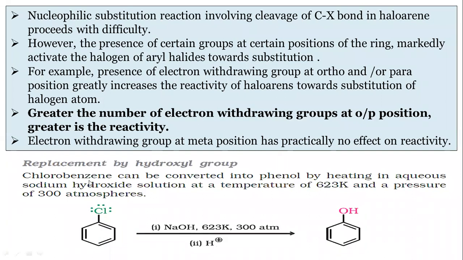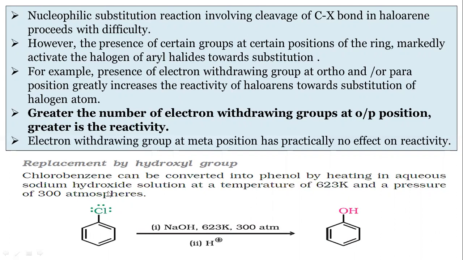See, directly I am coming to the examples of these nucleophilic substitution reactions. This is a chlorobenzene and NaOH. See, the temperature is very high, 620 Kelvin and 30 atmosphere. These are the specific conditions we have to use. At these conditions, this chlorine is removed and we get the phenol.